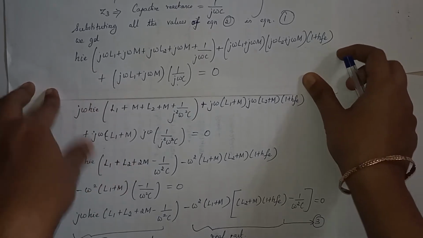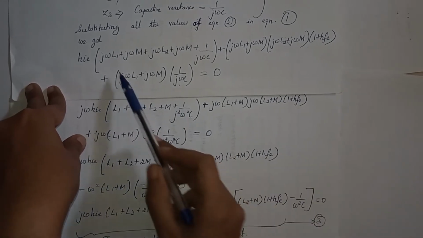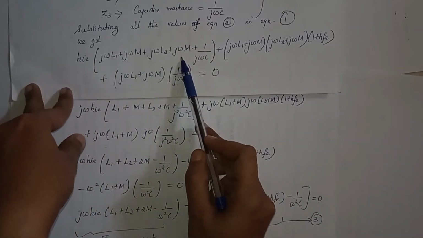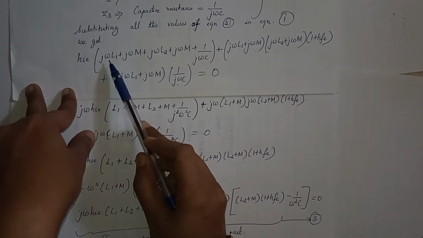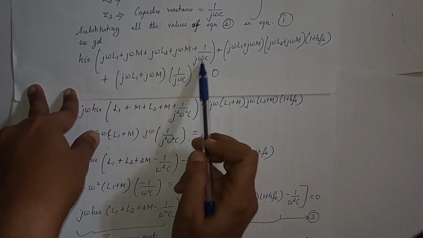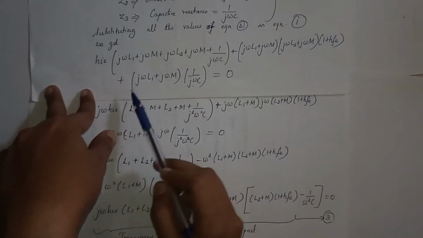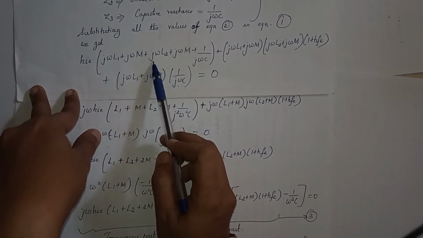So what we do is we simplify the equation. In this first part, we take j omega outside. You can see that j omega, j omega, j omega, j omega is there, and here we've got 1 by j omega C. So in this entire equation we'll take j omega outside.